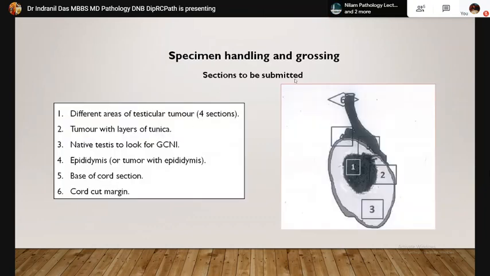Now the sections to be submitted are the different areas of testicular tumor, at least 4 sections, then tumor with different layers of tunica, then native testis to look for any germ cell neoplasia in situ, then epididymis or tumor with epididymis if the tumor has grossly involved the epididymis, then base of the spermatic cord and the cord cut margin.